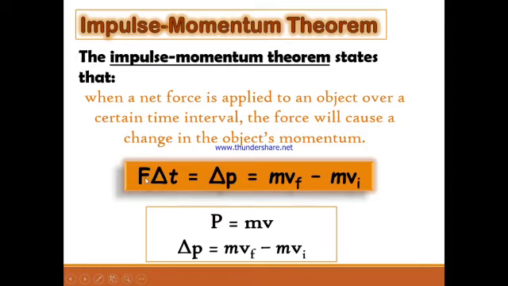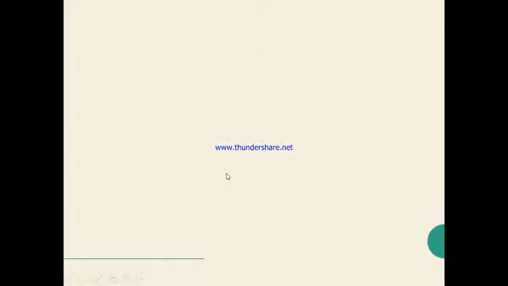Impulse equals force times time interval equals change in momentum, which is delta P, here, and the change in momentum equals mass times final velocity minus mass times initial velocity. So the impulse equals the change in momentum.